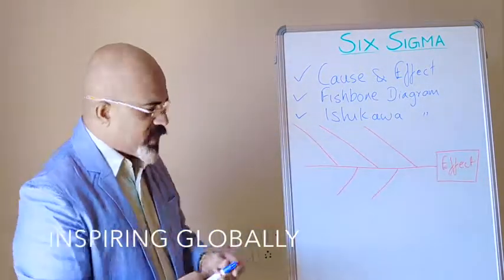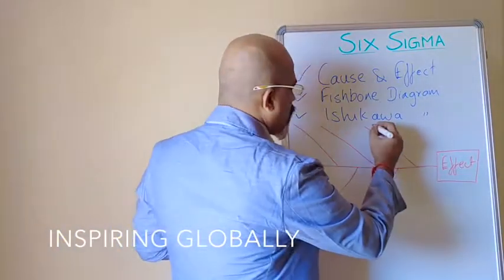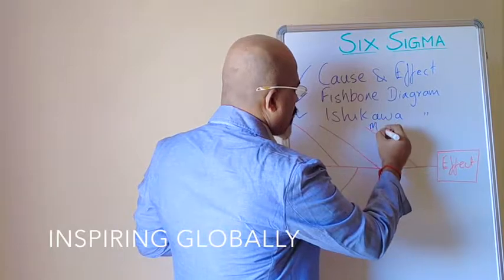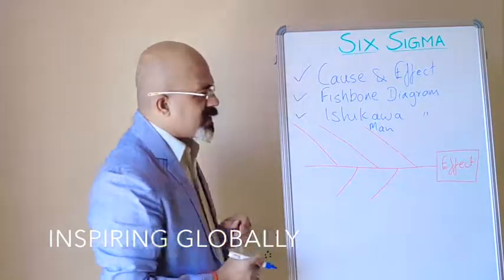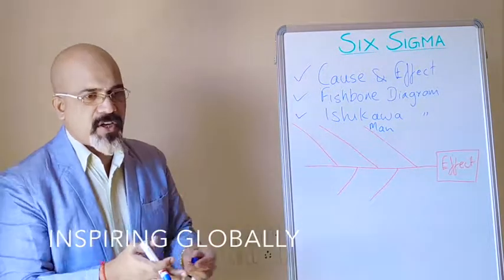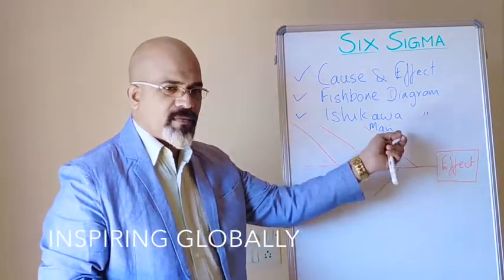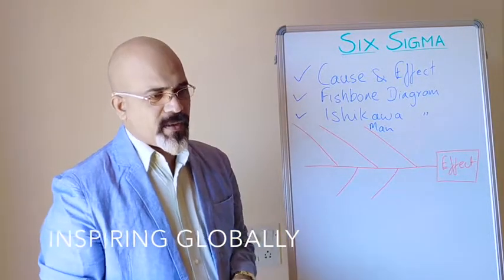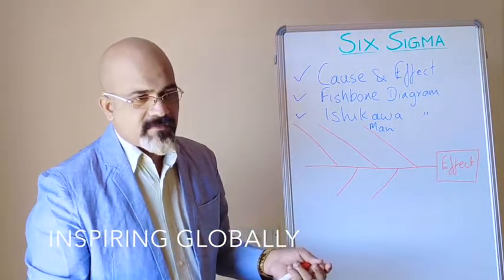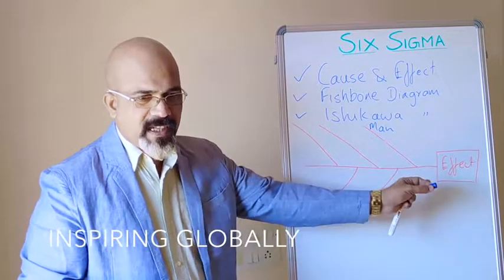Is it because of the man? Man means operator, the executive who's doing the job. Whether a person can create this problem because of him, like he doesn't know how to do it. Because of that ignorance, this can happen.